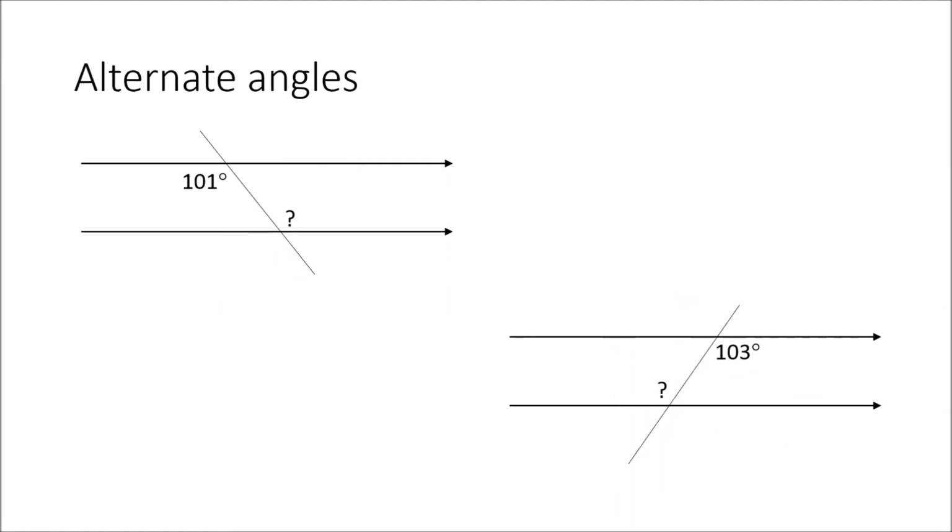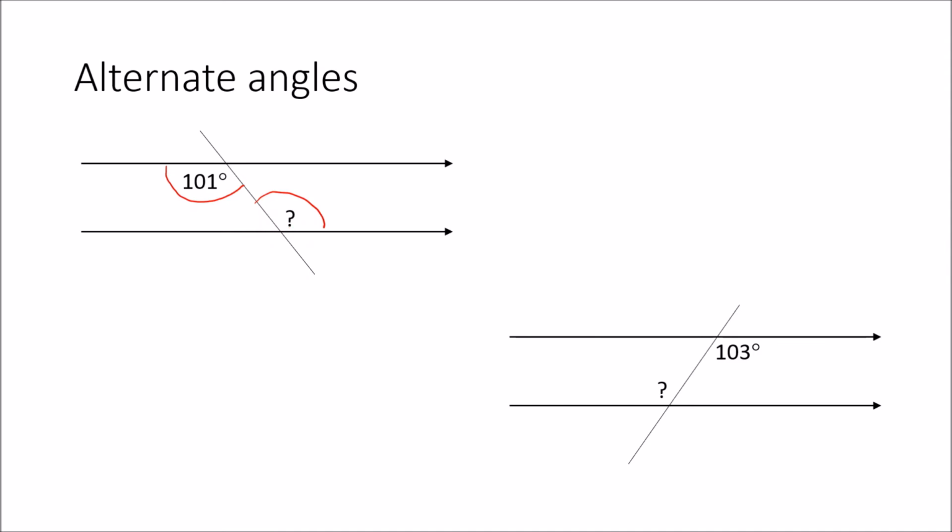Moving on to look at alternate angles. Now again, with the alternate angles, if we look here, we have got an angle here that is 101 degrees. Now, this is inside the parallel lines, as is the question mark, and they are cut by the transversal. So they're actually alternate to each other.